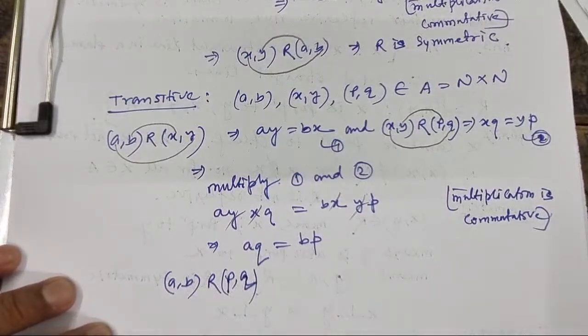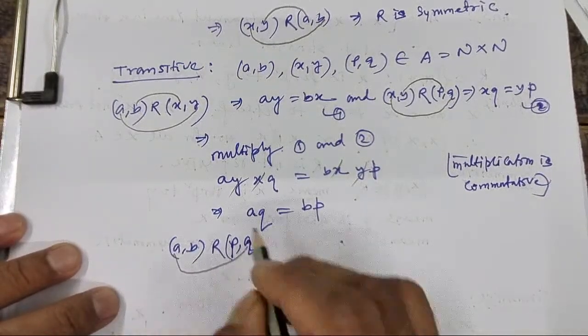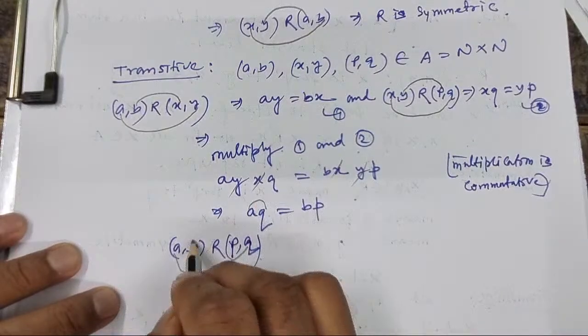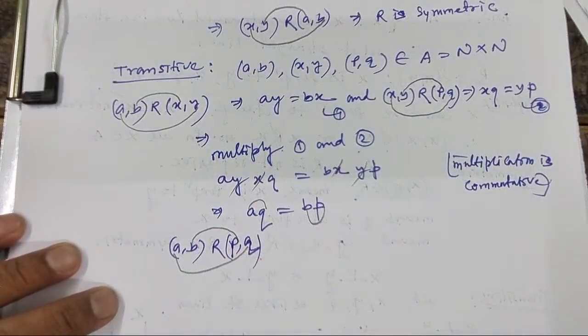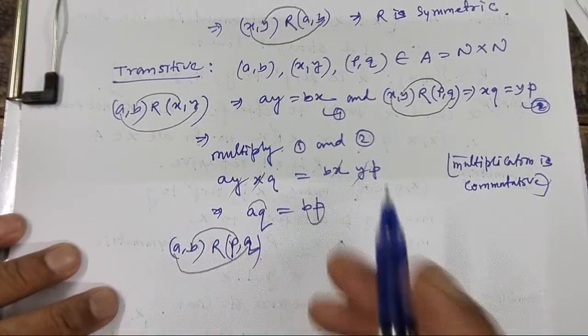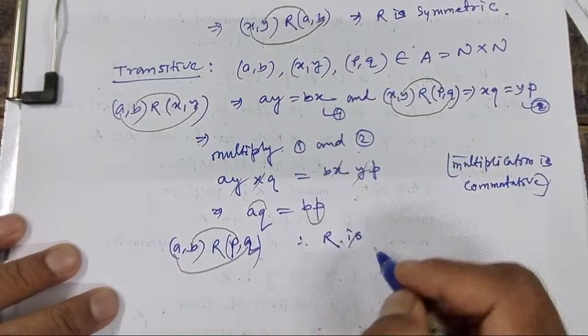How come we are getting this? Check it here. aq is here, yes or no? And bp is also here, yes or no? From these two relations we are getting this. That means R is what?